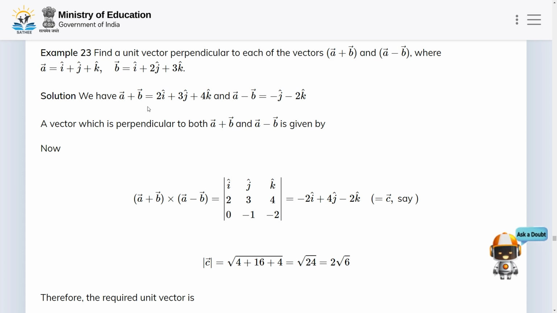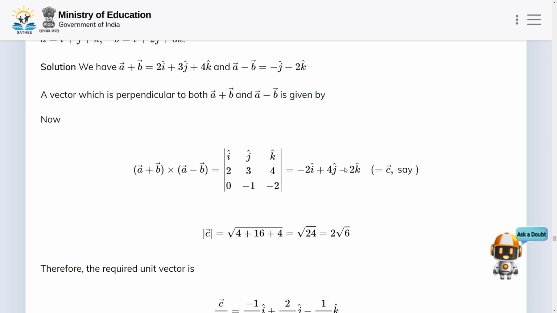Okay, so first of all, a plus b will be this vector and a minus b will be this vector. This gives you what? The cross product between these two vectors, whatever cross product you get. As you can see, you are getting this as your cross product.